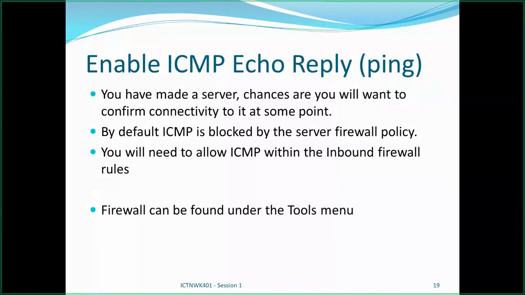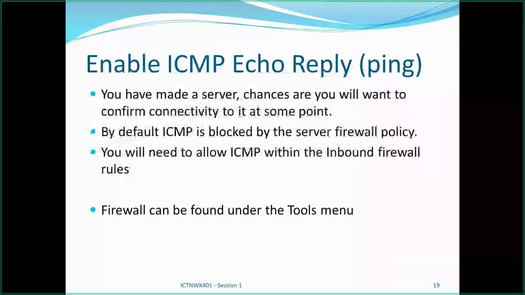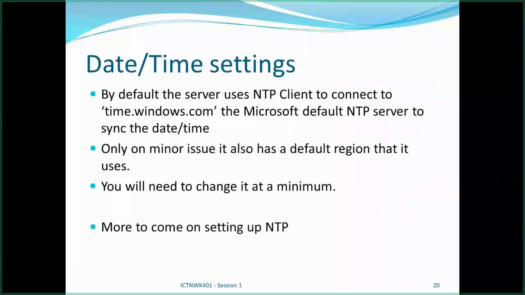And we do this under the tools menu and adjust the inbound firewall policy. All of these will be covered in the activities. So we'll go through demos on that.